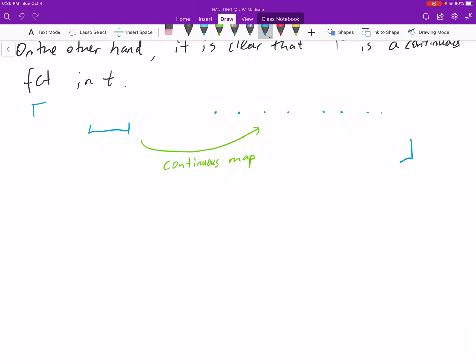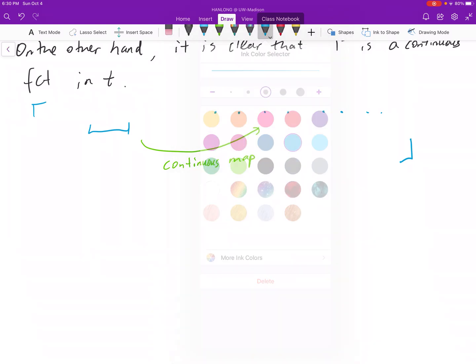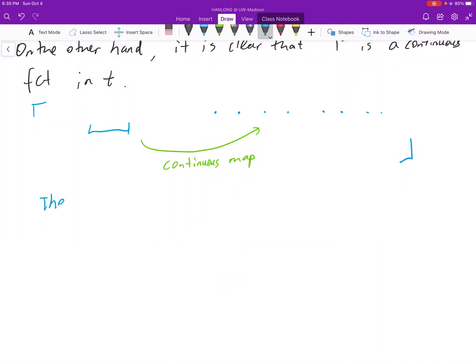So the image gamma of [0,1] consists of a single point.